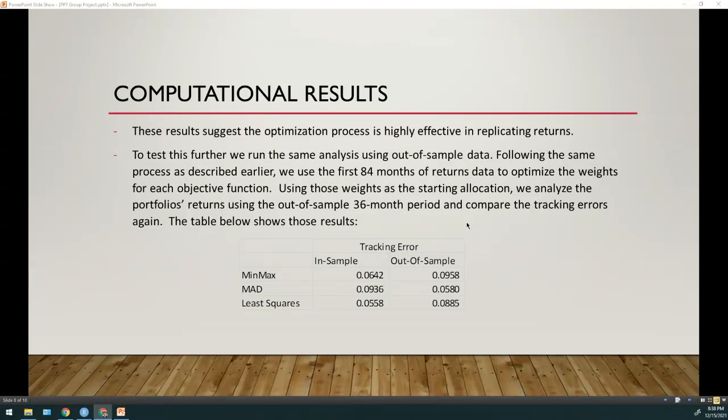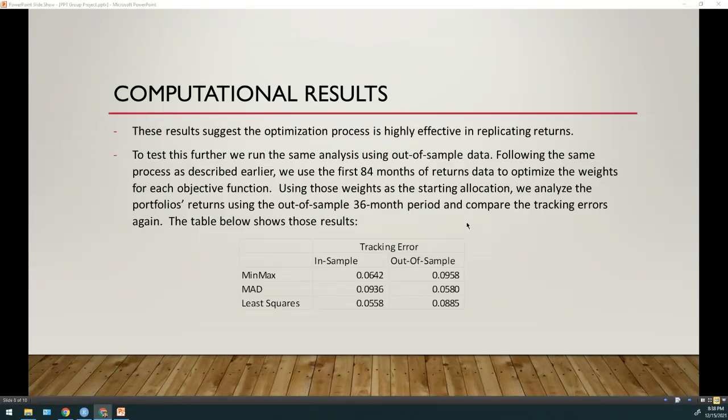But then in order to really test this a little bit further, we thought it made sense to look at this from an out-of-sample perspective. So we followed the same process with the same three objectives, except this time we had the optimizer look at the first 84 months, or 7 years' worth of returns, to create the optimal weights within the portfolio.